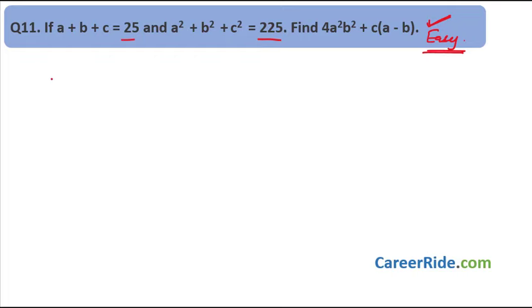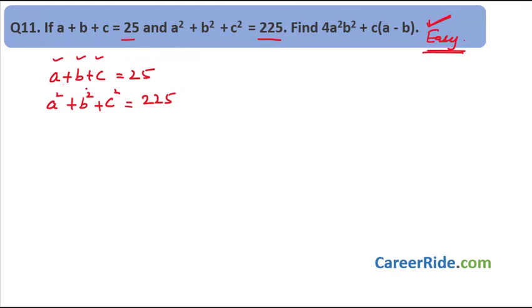Okay, so let us see first of all how many equations are there. There are two equations. a plus b plus c is equal to 25 is the first equation that I am given, and the second equation I am given is a square plus b square plus c square is equal to 225. So now you see there are two equations, but there are three variables, a, b and c.